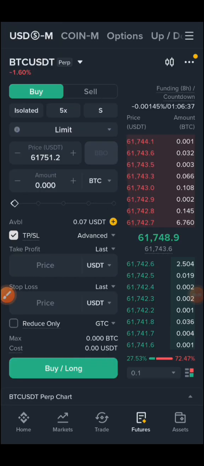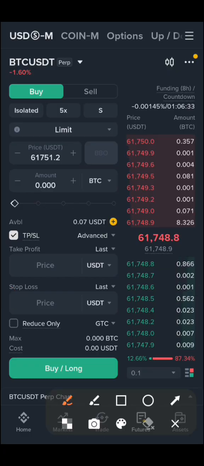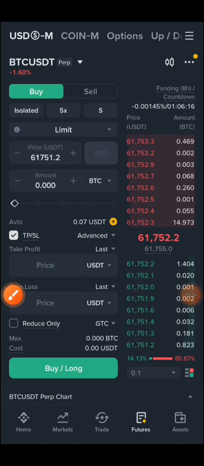So if you are to go back here, you can take a look. We have take profit right here. Always make sure that you turn on take profit and stop loss. Take profit is the specific price of the coin you would like to take the profit. For example, if BTC hits this price, I want to take profit.